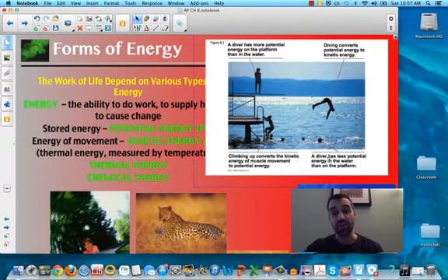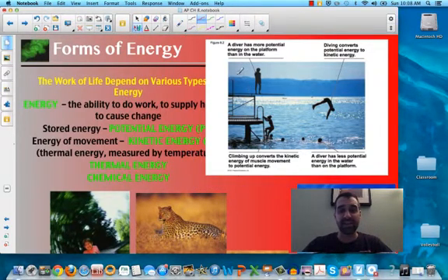Down in the water, you have less potential energy than you did up at the top of the platform. So stored potential energy gets converted into kinetic energy, which is the energy of motion, lowering your potential. And the only way that you can get back up is by climbing back up the ladder, which requires an input of energy. And that's sort of what we want to look at here. This process is a release of energy. Some energy is going to come out of this process. Okay?